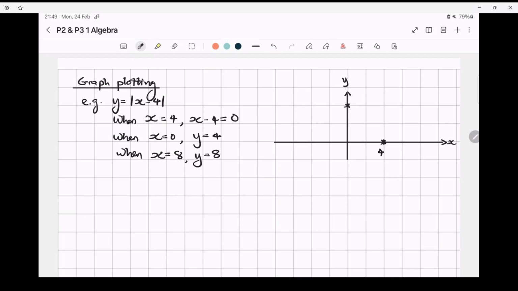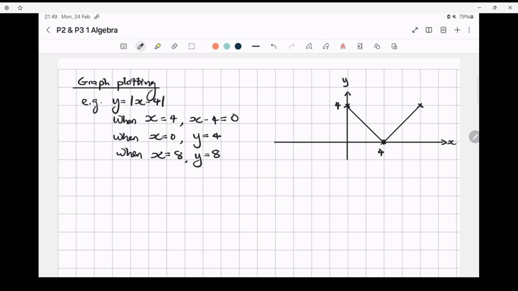For example over here, one is on the left of this particular point, and then another one is on the right of this point. Then you can just draw a straight line linking these together. So that will be your modulus function.